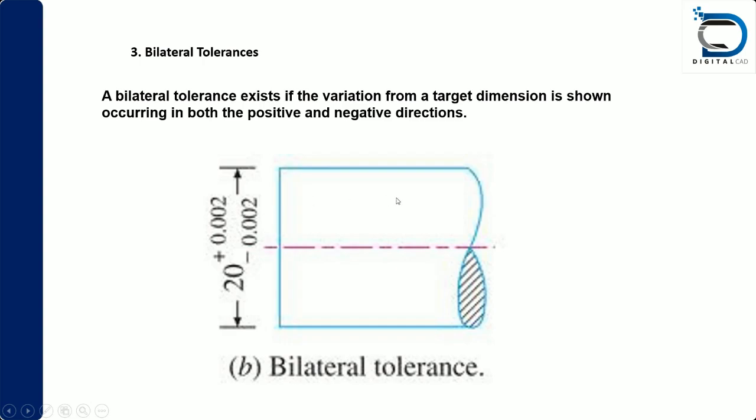Not exactly 20, because due to manufacturing constraints we cannot manufacture the exact dimension. In design it is possible, but in manufacturing it is not. That's why this tolerance is important.